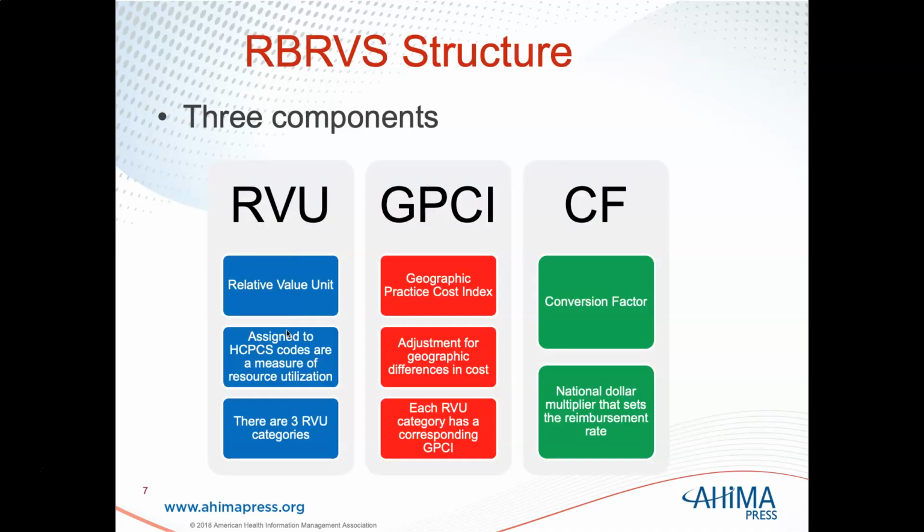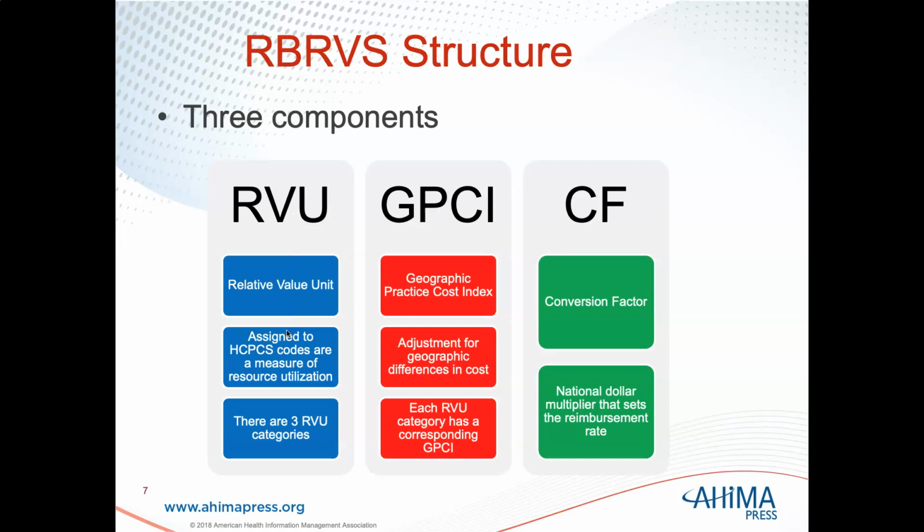There are three components to RBRVS. One is the relative value unit, the next one is the geographic practice cost index, and the last is the conversion factor. Please make sure that you study this. You need to know this. An RVU, or relative value unit, those are assigned to HCPCS codes and are a measure of resource utilization. So remember HCPCS codes from CPT Part 2, and the RVU is what is assigned to that HCPCS code, and it reflects resource utilization.